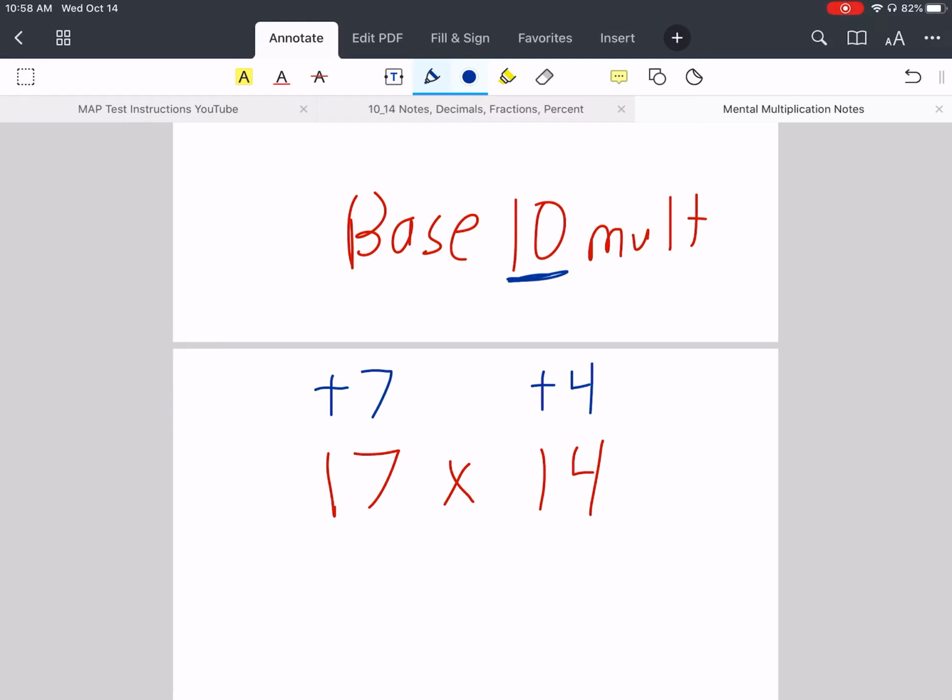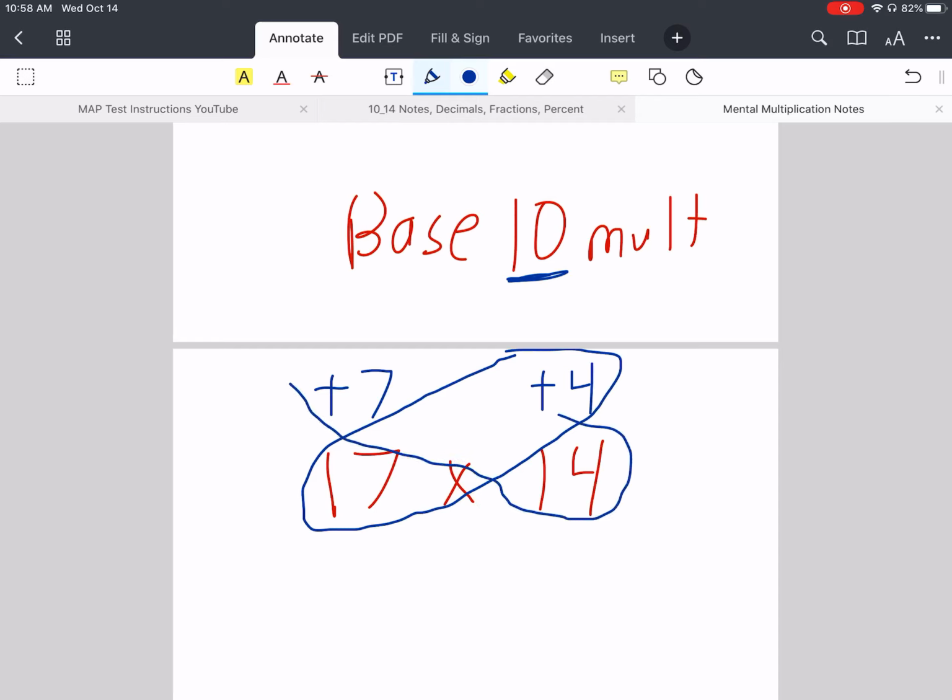And what we're going to do is cross add. So that means we're going to add 17 plus 4, and we can also look at 7 plus 14. Either way, you're going to have the same answer.